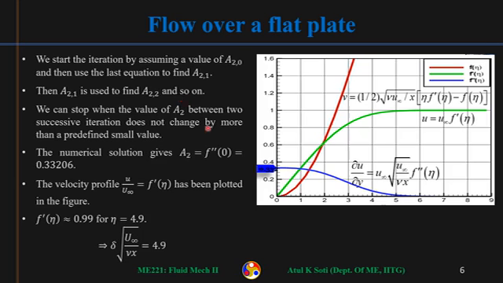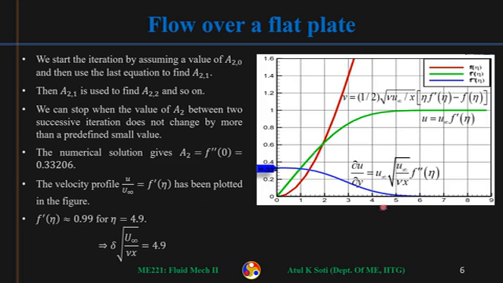Then small f of eta will be known, and it will give us the velocity profile, because u by u infinity is simply f prime of eta. So once f of eta is known, I can find f prime of eta and then the velocity profile. The velocity profile is plotted in this green plot.